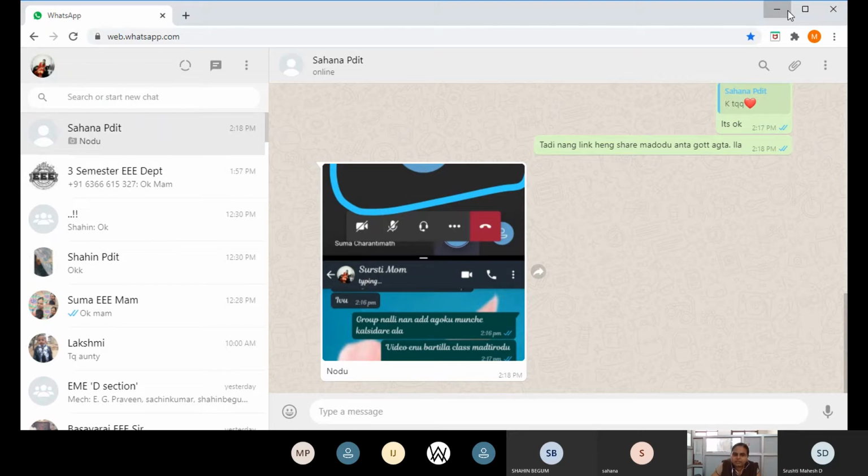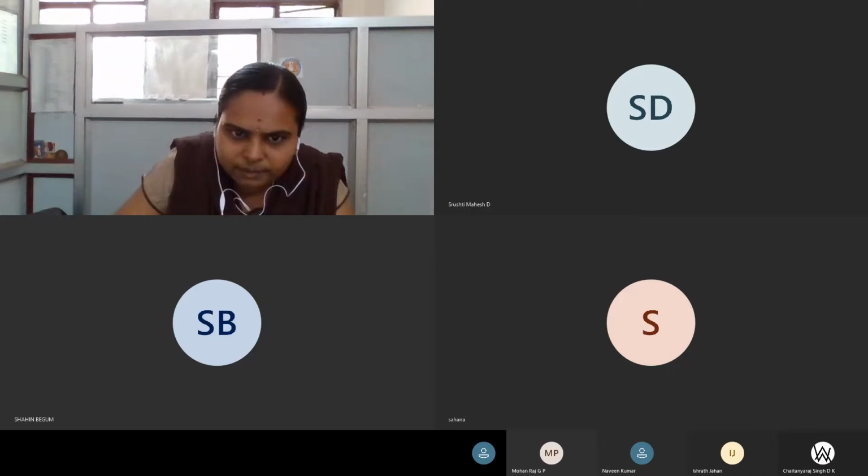So what can I write here? Total E is equal to the current I, which is flowing in this direction, into R3. Where is our R3? R3 is here.